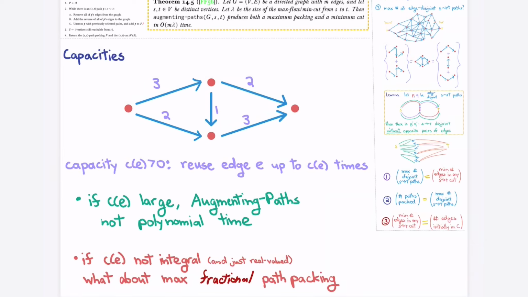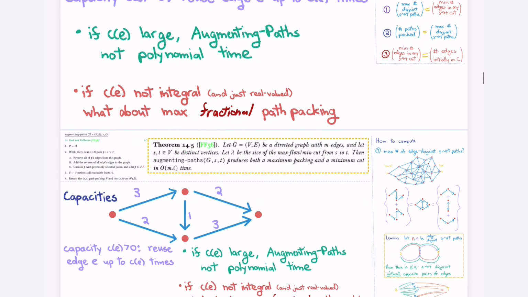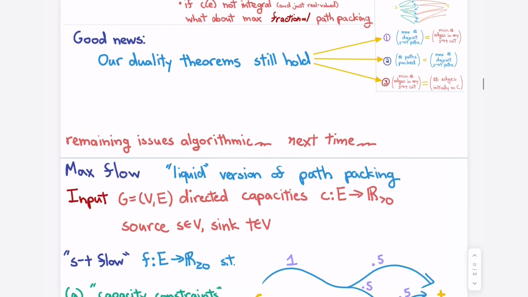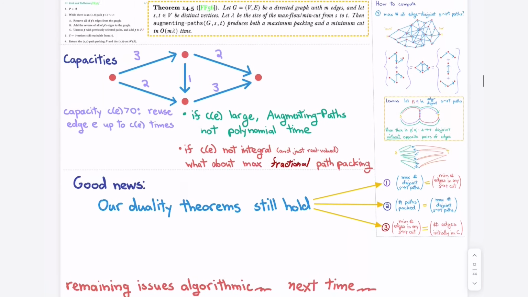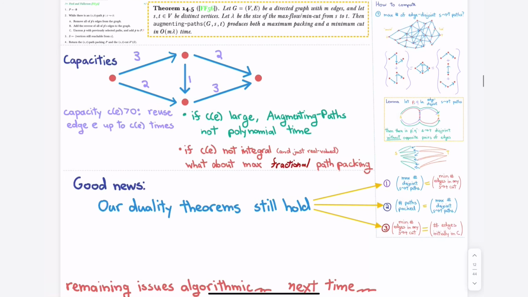So for example, your algorithm could be very slow and things like this. But I wanted to quickly point out that although we have some algorithmic issues, our duality theorem is still okay. You can interpret it for capacities and it's still equal, so things are still very nice mathematically. And it was just an algorithmic question that we were left with.